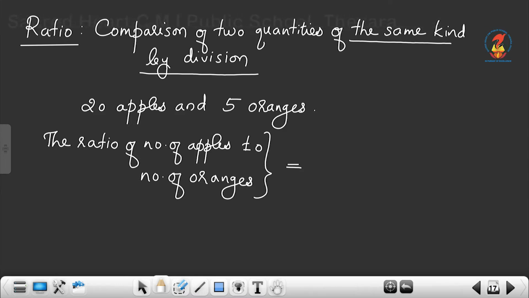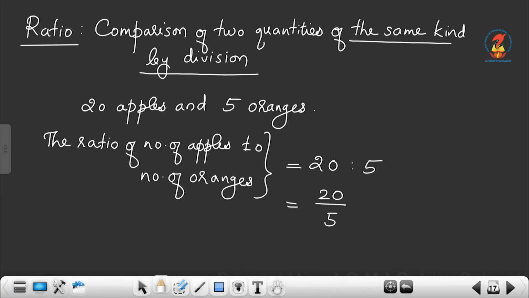The ratio of the number of apples to the number of oranges is equal to, how many apples are there? 20 apples. So, first you have to write 20. So, 20 is to, the symbol for ratio is to, the number of oranges, 5. So, the ratio we can write as 20 is to 5. Now, ratio we can express in the form of a fraction. So, 20 is to 5 means 20 by 5.